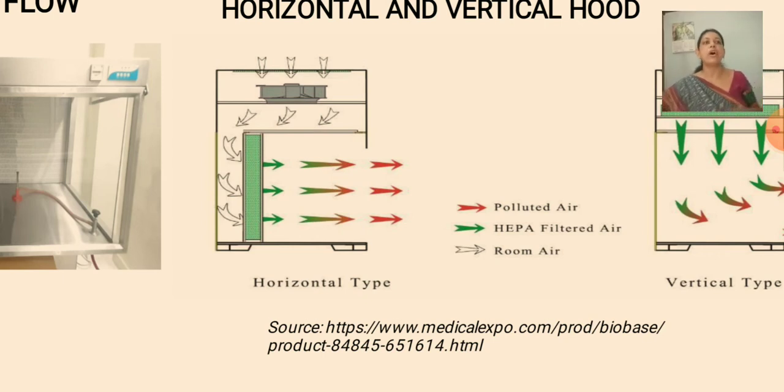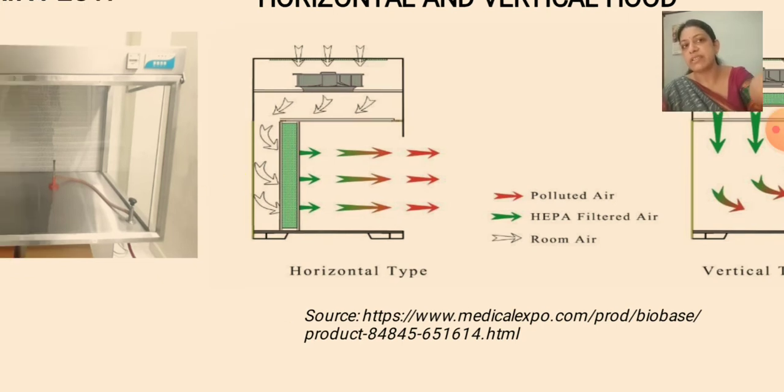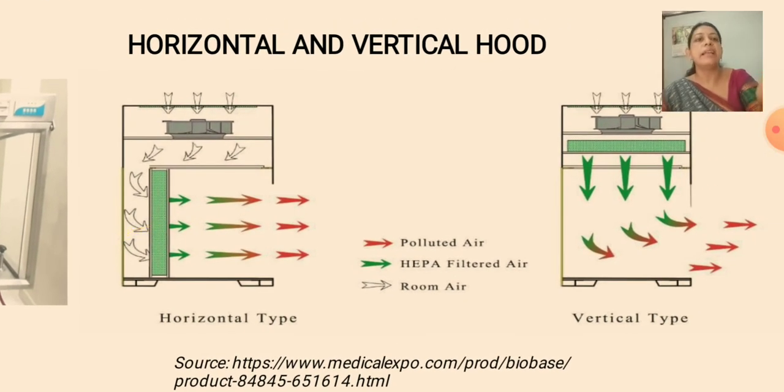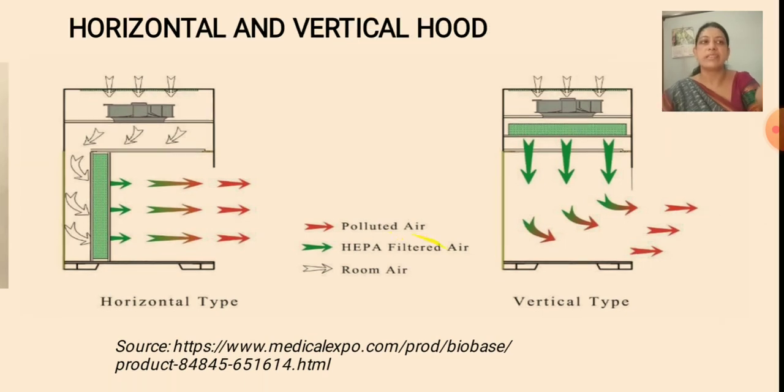That means it got polluted with microorganisms or other particles present. Again the environmental air enters the hood and there is a flow. So this is the horizontal type. See the airflow here, it comes in a horizontal direction. And remember, not at all times does it come from the top, it also comes from the back, where it directly enters the workstation.